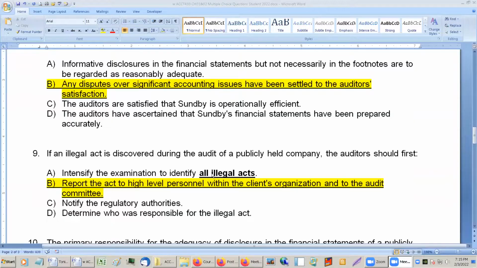Never. If you're auditing, say, Walmart, you'd never want to find all instances of someone shoplifting. So whenever you see absolutes, look for words like all, always, those kinds of things, because we generally don't talk in those terms when we talk about auditing.